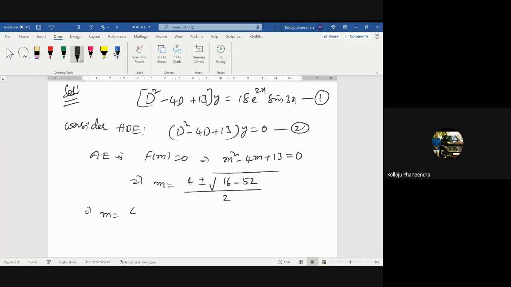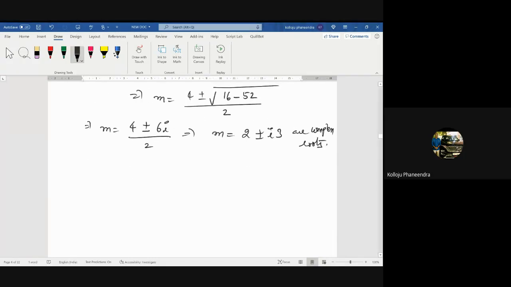So m equals 4 plus or minus, how much is this? Yes, square root of 36, which is 6i, by 2. That implies m equal to 2 plus or minus 3i, complex roots, but not repeated. Therefore, the complementary function is yc equal to e power 2x, for real part 2 and imaginary part 3, c1 cosine 3x plus c2 sine 3x. Equation 3.